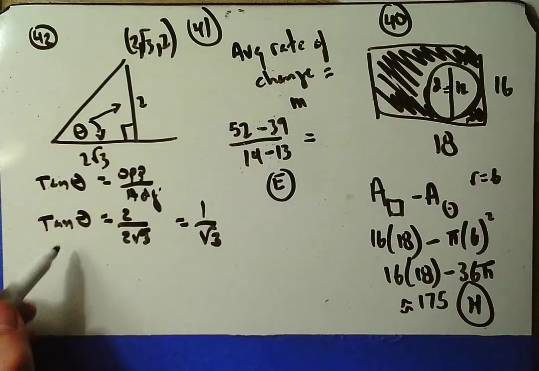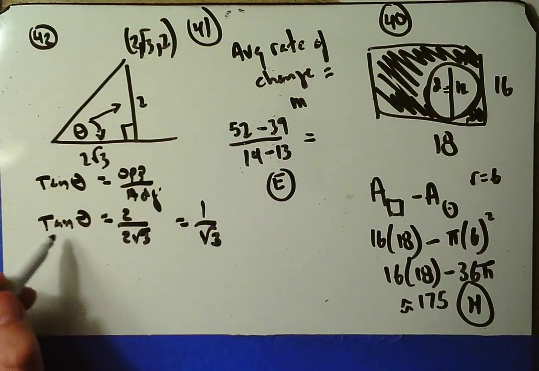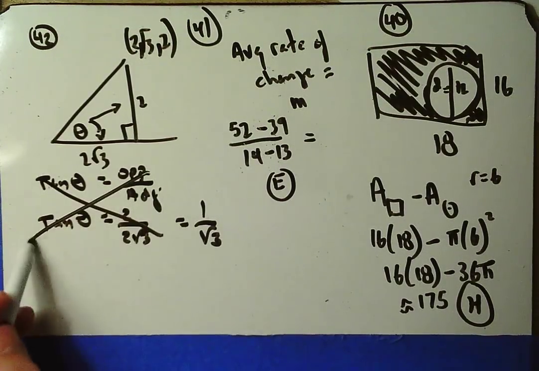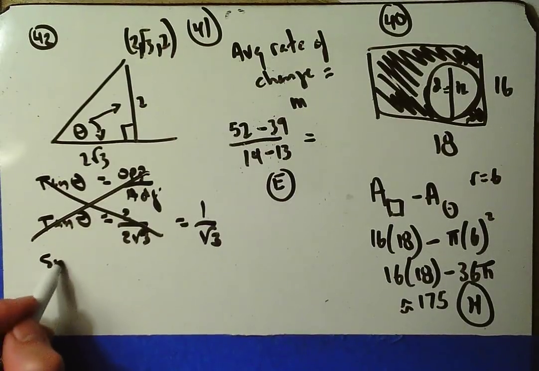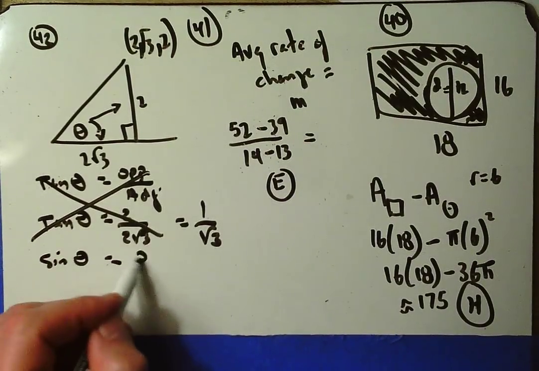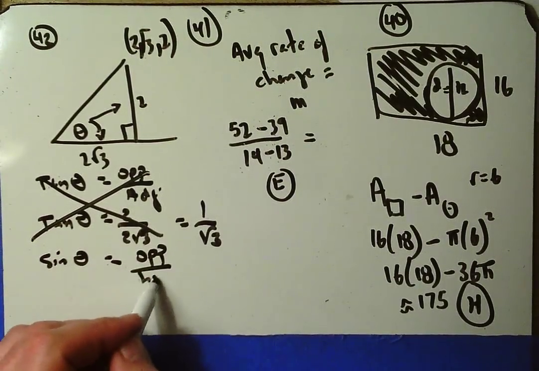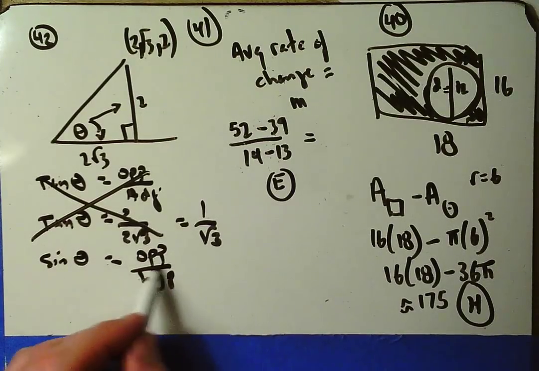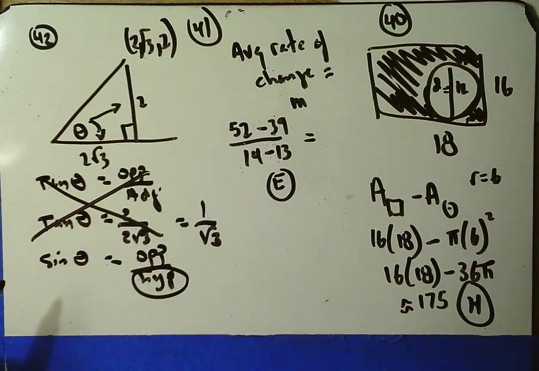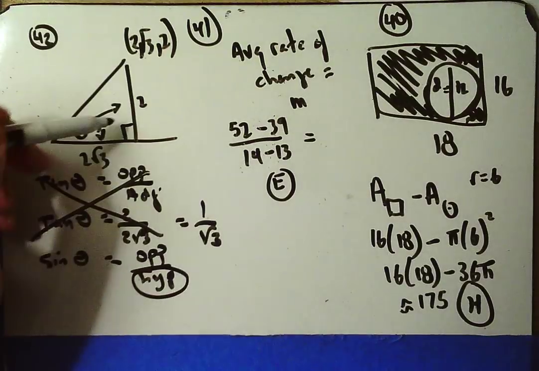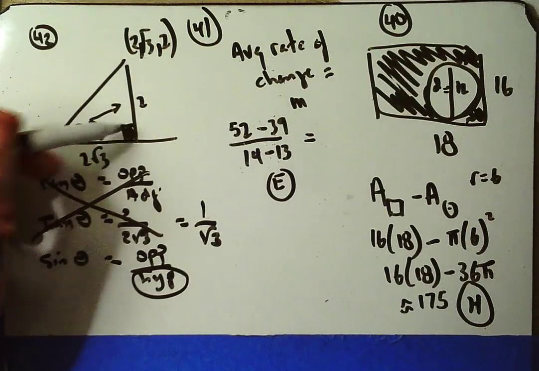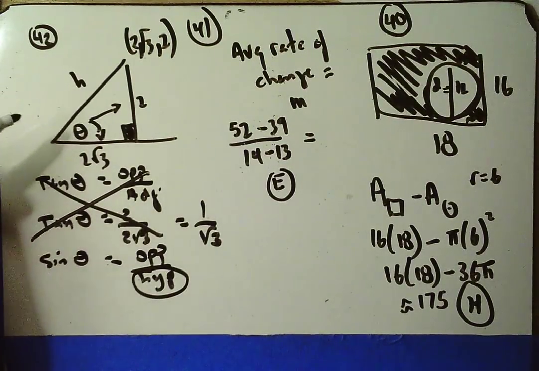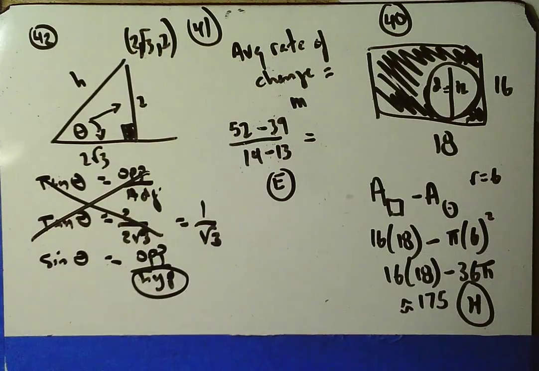Now they're asking me, what's the sine of this? Oh no, they don't want to know tangent, they want to know sine. Well, I remember that sine is opposite over hypotenuse. How am I going to find the hypotenuse? It's not given to me in this problem. Well, I see a right triangle, and so I know that the Pythagorean theorem will work here.